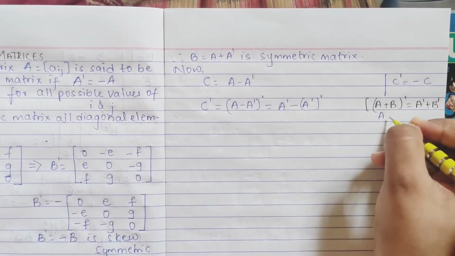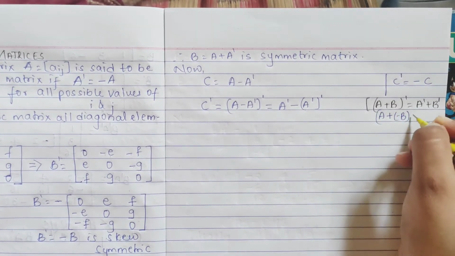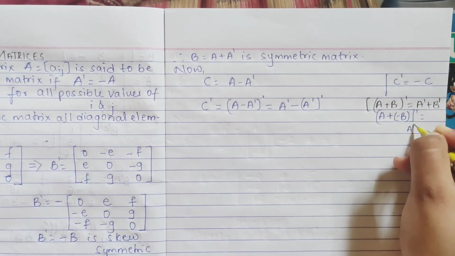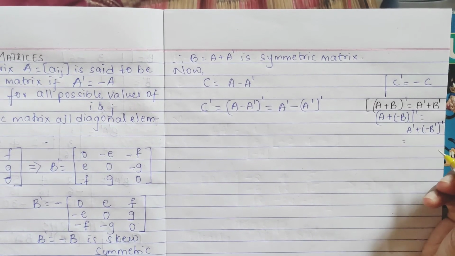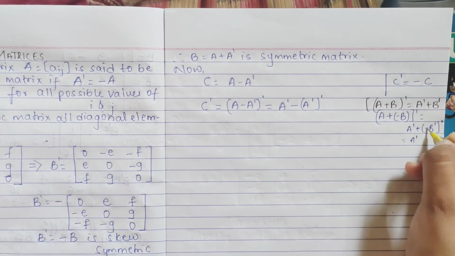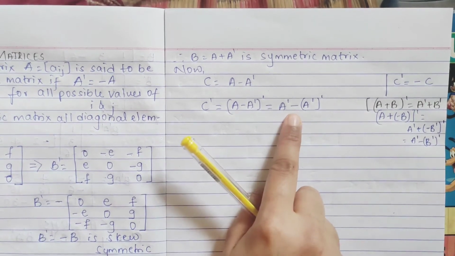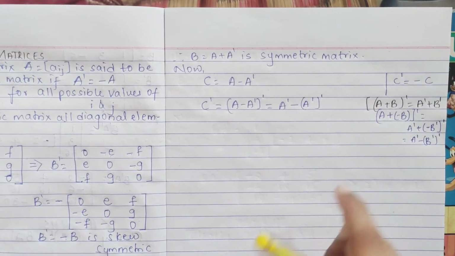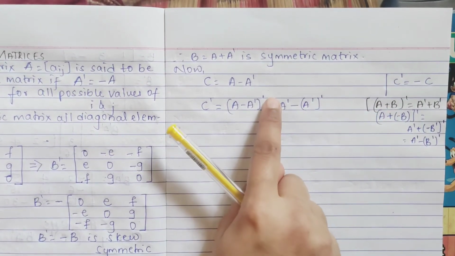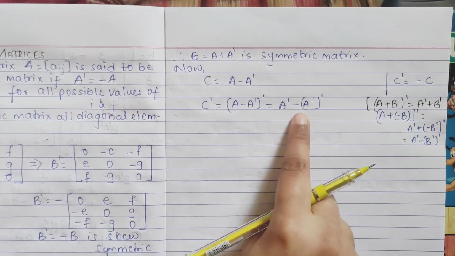A plus of minus B whole transpose is nothing but A transpose plus of minus B transpose of transpose. At the end what you'll get? A transpose plus into minus is B transpose of transpose. So here I have directly written A transpose minus A transpose of whole transpose, because the property you have is for addition, and for subtraction also we are using it the same way.